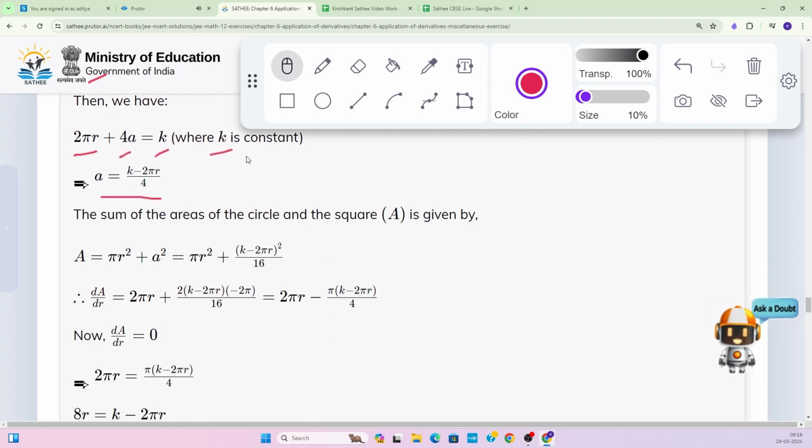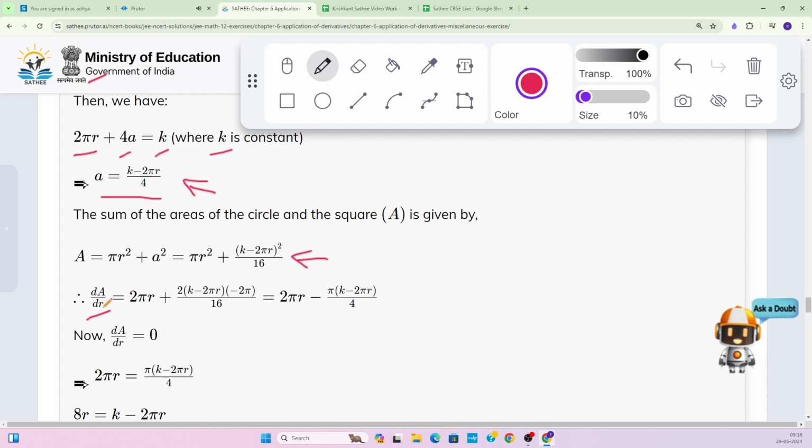Now the sum of the areas of the circle and the square, take it as A, is given by A = πr² + a², which is equal to πr² plus a value. We are substituting a = (k − 2πr)/4. This means a² will be this.